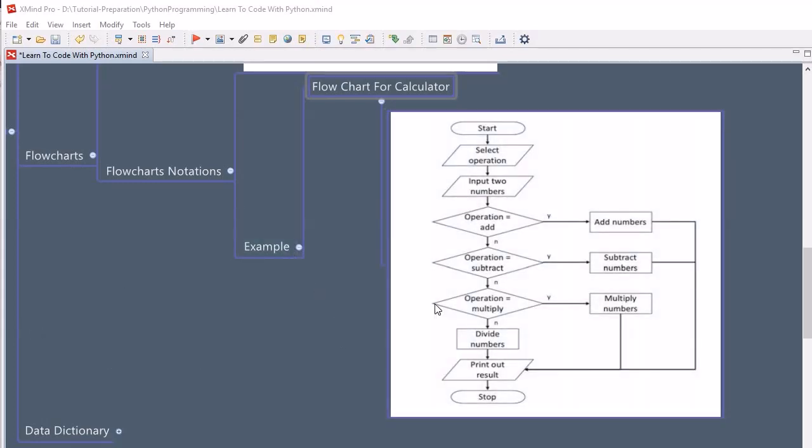This is the flowchart which helps us design our program. Here it takes the decision whether the user has selected addition, subtraction, multiplication or division. If any one of them is selected, the operation needs to be performed by the program, then it will print the output, and at the end it will stop. This is really very important.